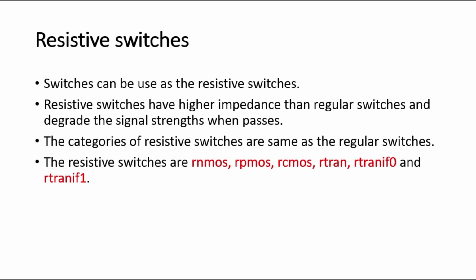Resistive switches also consist of NMOS, PMOS, CMOS and bidirectional switches. But the difference is that they cannot completely pass the input data to the output signal because of their resistive nature. It has some resistive values and these resistive values cannot allow the complete data movement from one end to another end. That's why these switches are called resistive switches.